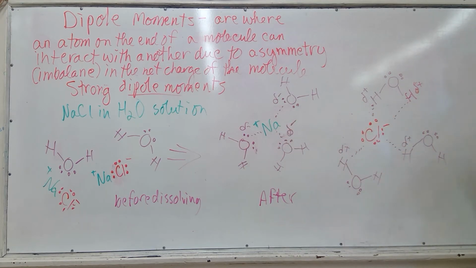When we have very strong dipole moments, particularly what we would call an ion-dipole moment, we're likely to have a fairly conductive environment. So if we have strongly polar substances like water, they can often interact quite well with ionic substances. Let's move on to another case.